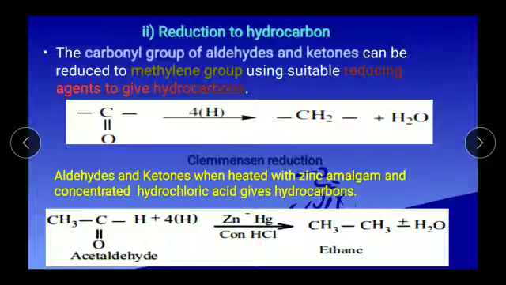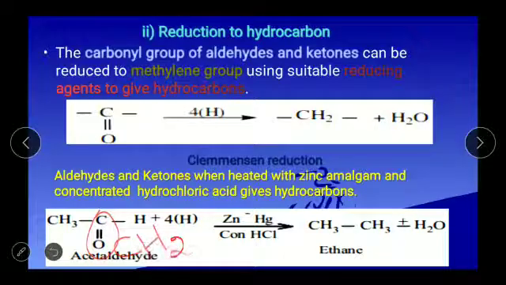How does acetaldehyde become ethane? Let us see. In acetaldehyde, the C double bond O, as usual, changes to CH2. So what may be the chemical reaction?